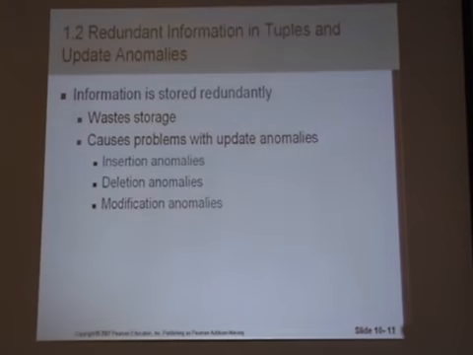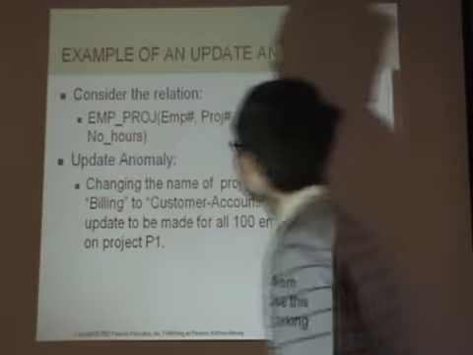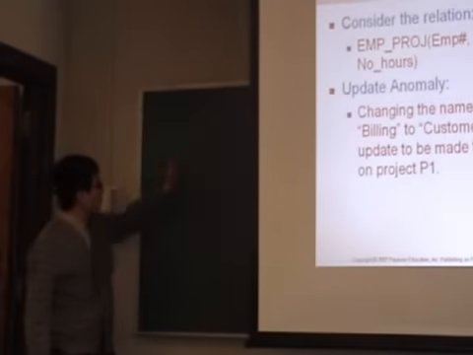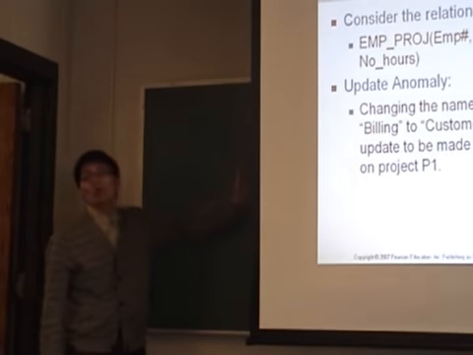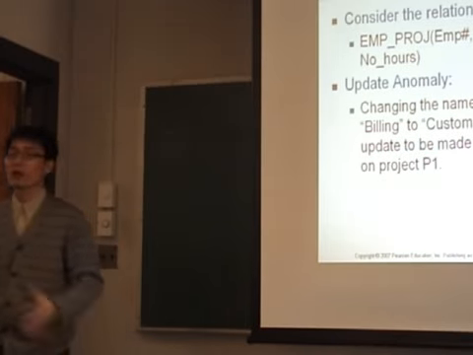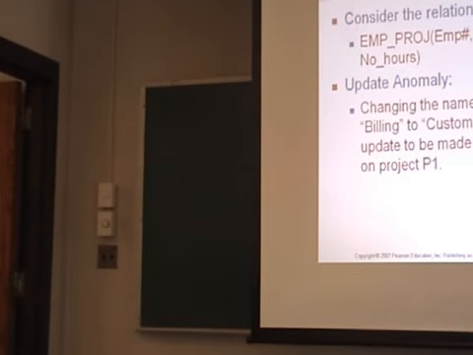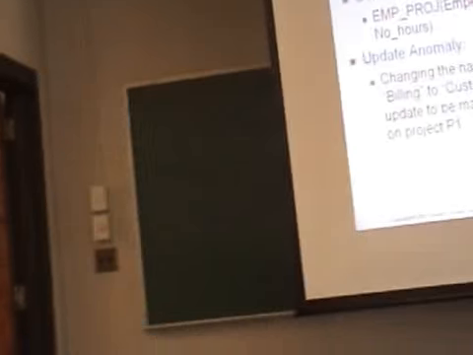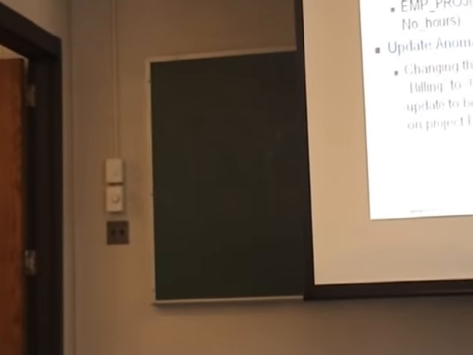The next one is, this is one example, employee_project. Why don't you take a look at this one. In this case, we have 1 million employees and one department. So when you update the department information, how many times do you need to update? 1 million times. So it's a waste of time. Also very dangerous in terms of integrity.